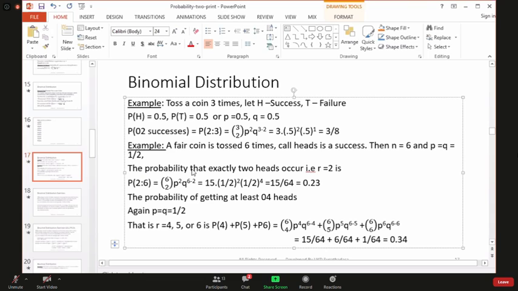The probability that exactly 2H: every time you get 2H, the others are T. One option is TTHHTT, and so on. Just practice if you want to learn this kind of thing. You are in the second semester.